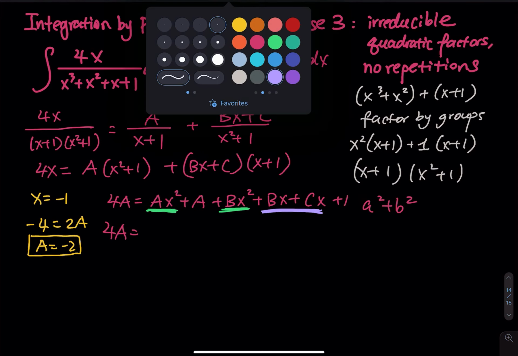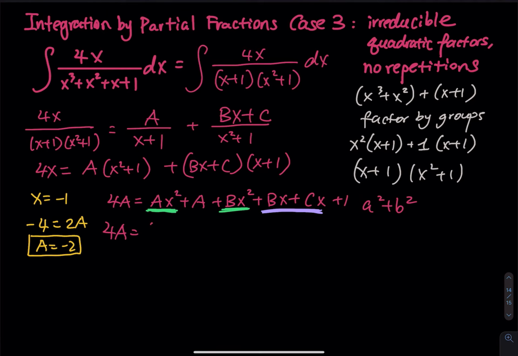Okay, let's group them. We factor out the x squared, so we have a plus b inside the parenthesis, and then for the first power, we factor out the x, so we have b plus c, and then the constant, we have a plus c.